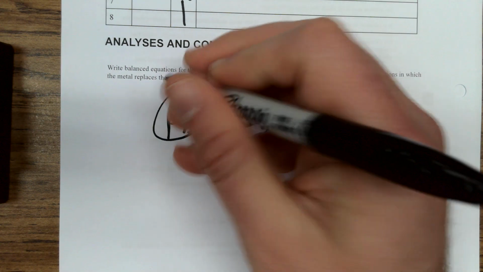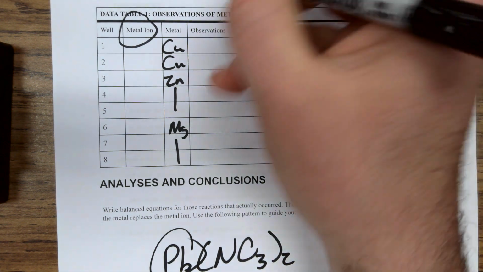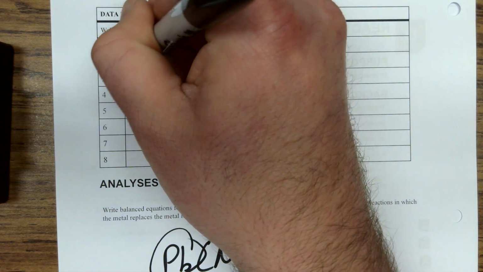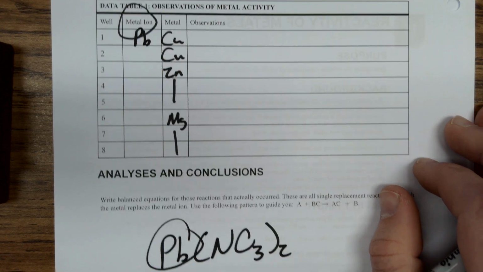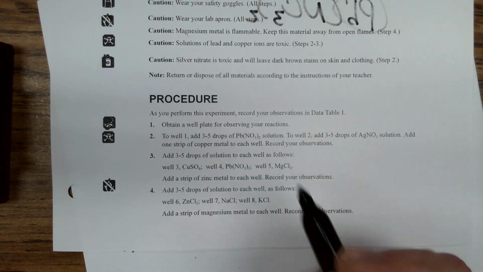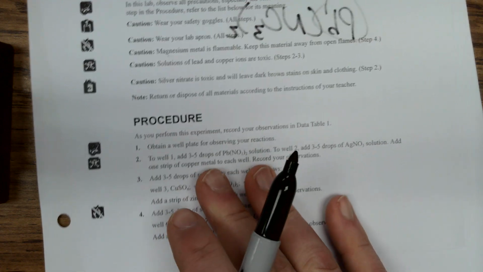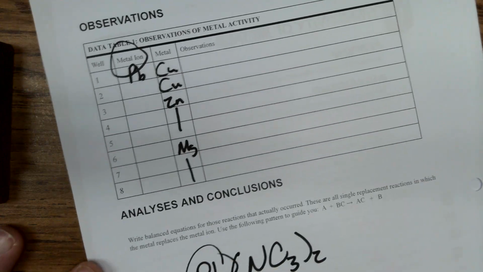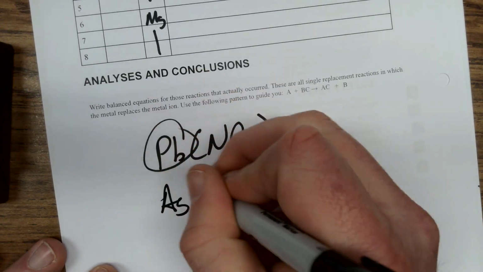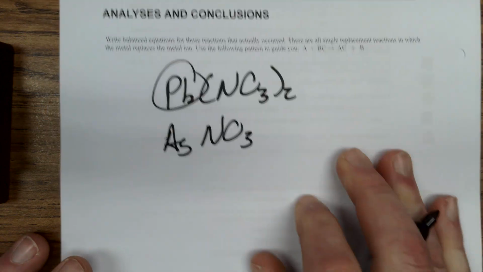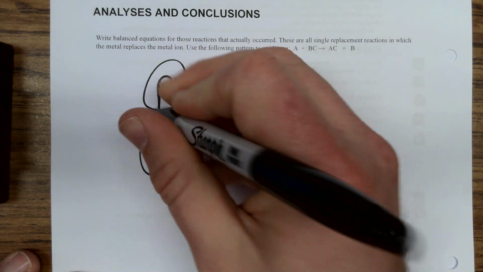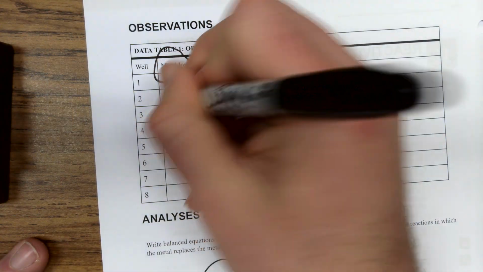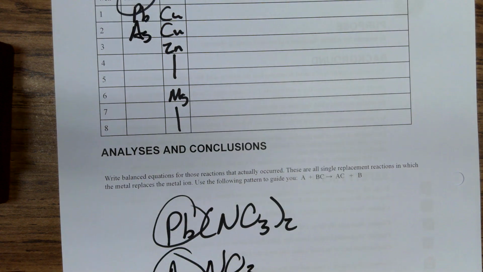The lead is. So for well 1, the metal ion is lead. For well 2, I go back to my procedure. Well 2, silver nitrate. Silver nitrate, what's the metal ion? It's silver, right? I'm going to do that for the other ones.